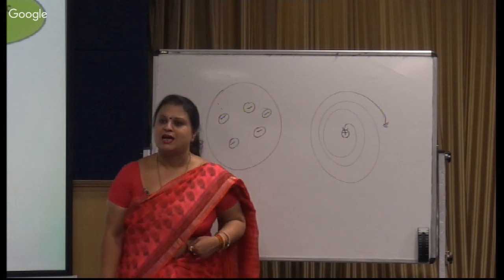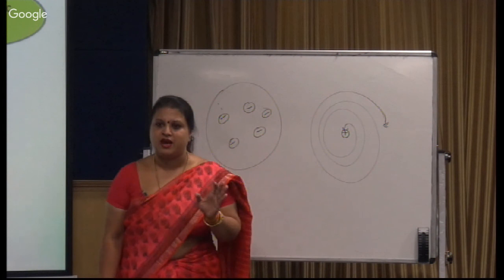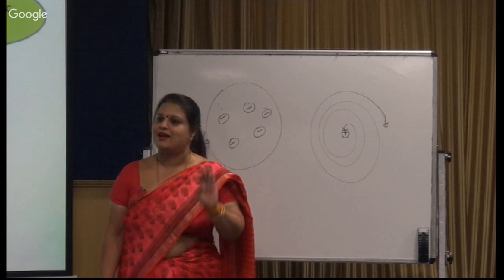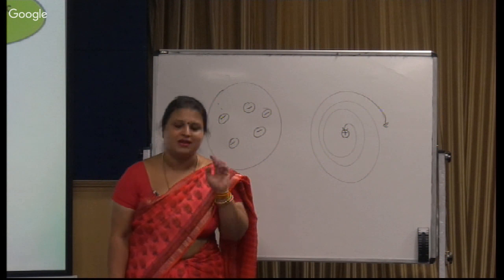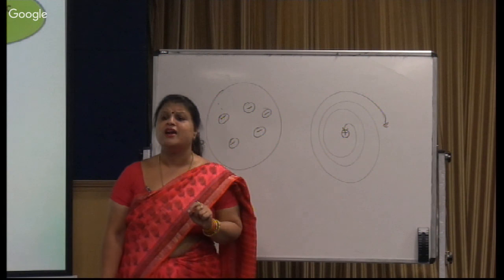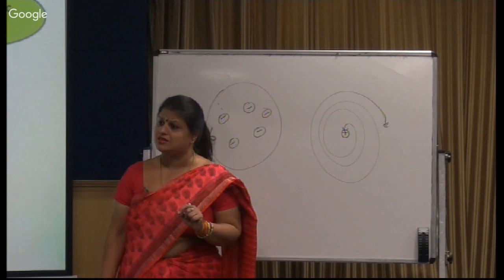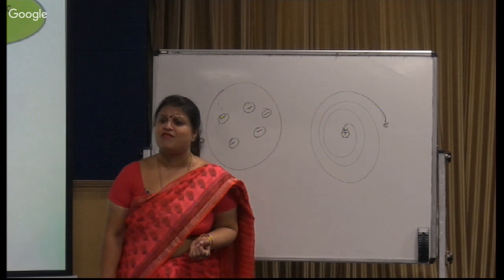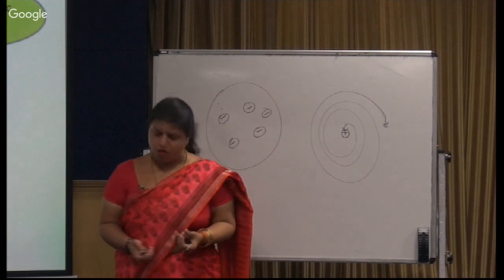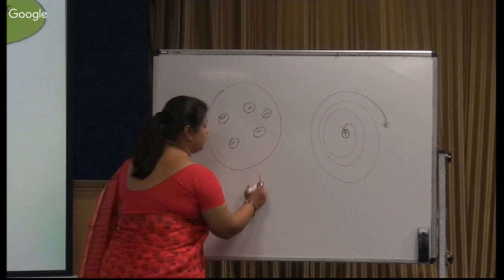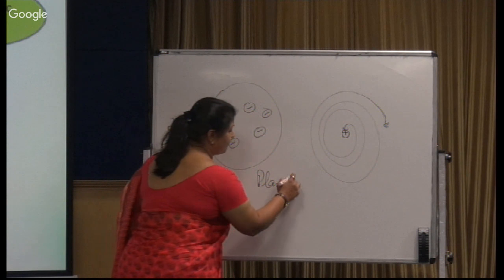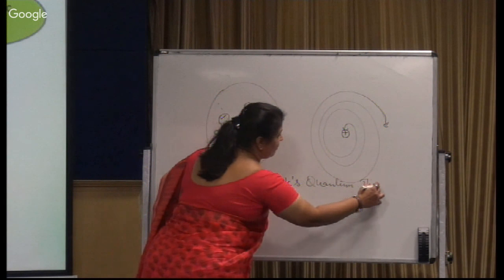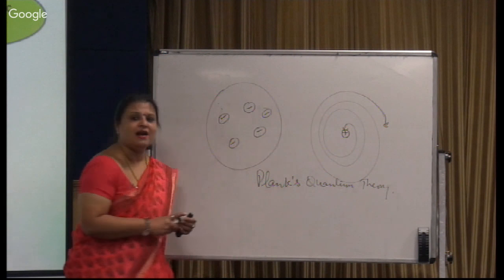But by that time, different types of work were done. Like we have Newton's corpuscular theory, which says that radiation has particle nature. We also had Maxwell's electromagnetic theory, which says that radiation has wave nature. We also had Planck's quantum theory, which states that radiation should have particle nature.